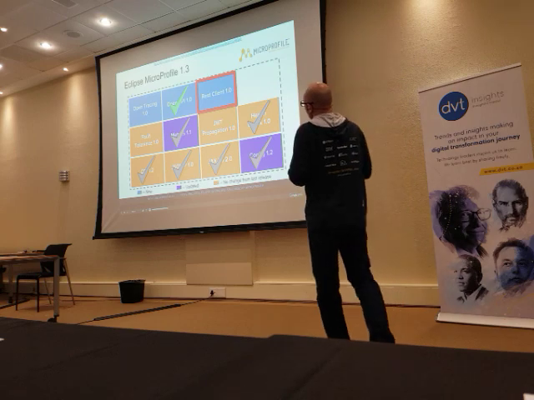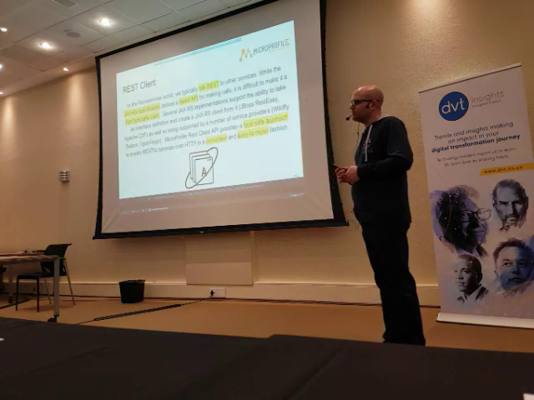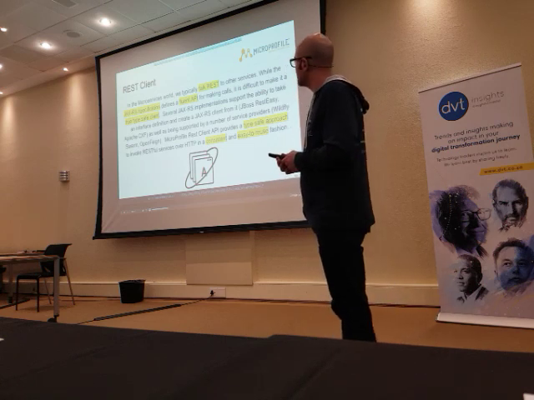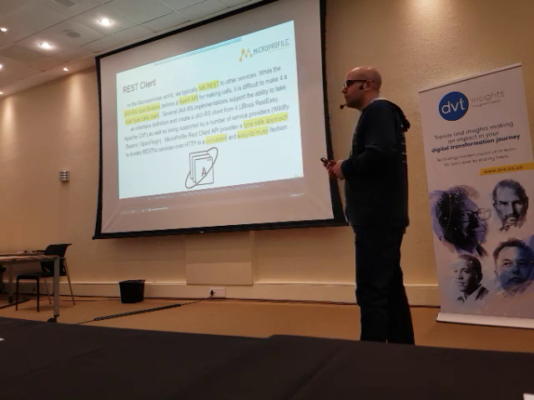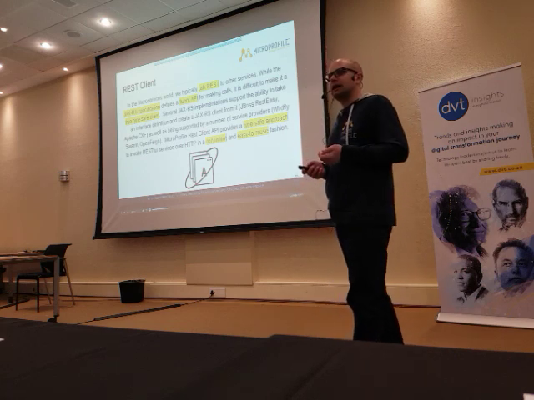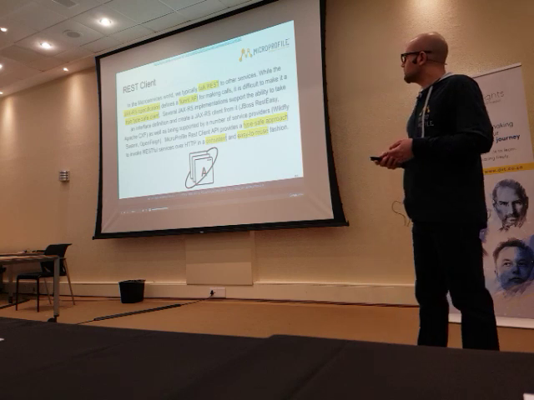Next, we're going to look at REST client. So if you've used Java EE before, Java EE 7 included a JAX-RS defined client, which gave you a fluent API. And what this does is it adds on top of that a more type-safe client.